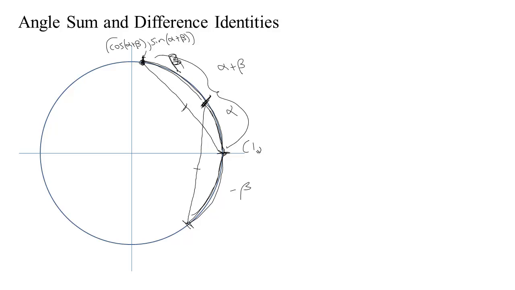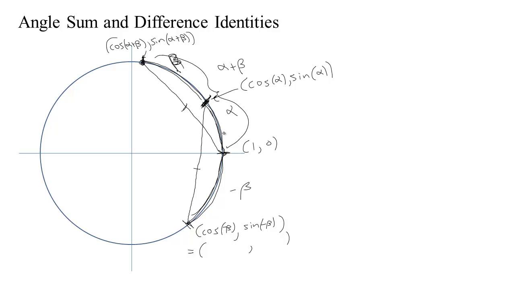Of course, this location is at (1, 0), and for this location here, the horizontal component would be the cosine of alpha, and the vertical component would be the sine of alpha. And what about down here? The horizontal component would be the cosine of minus beta, and the vertical component would be the sine of minus beta.